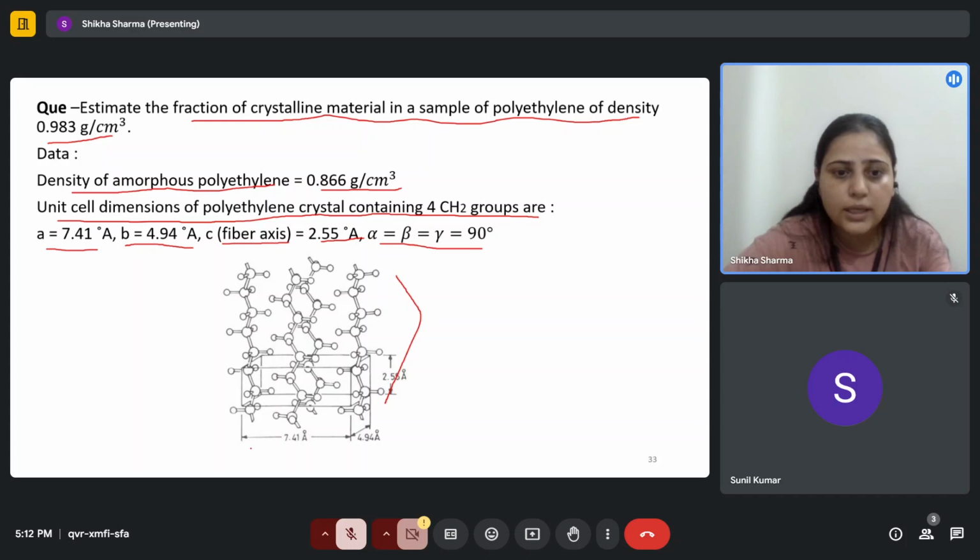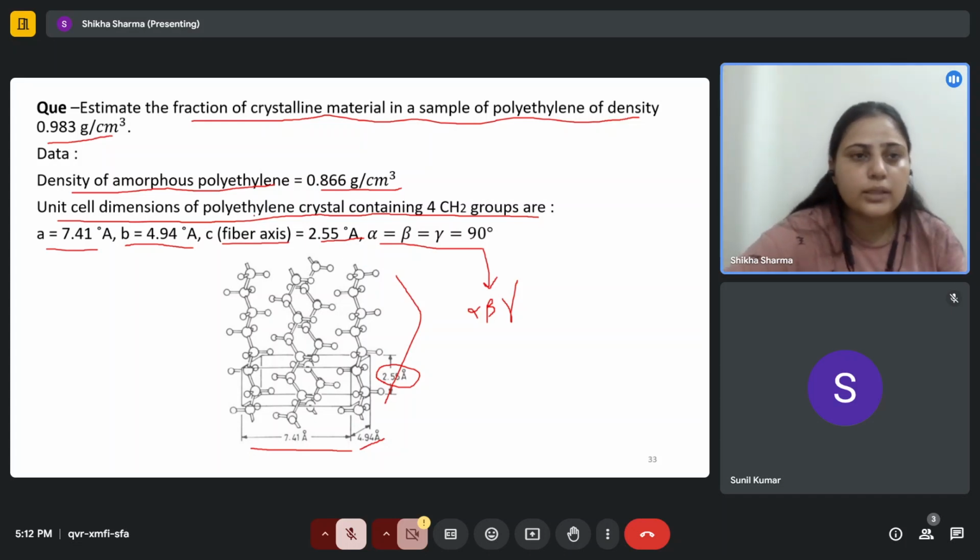Here A is 7.41, B is 4.94, and C, the fiber axis, is 2.55 angstrom, right? And the angles alpha, beta, and gamma are at 90 degree.